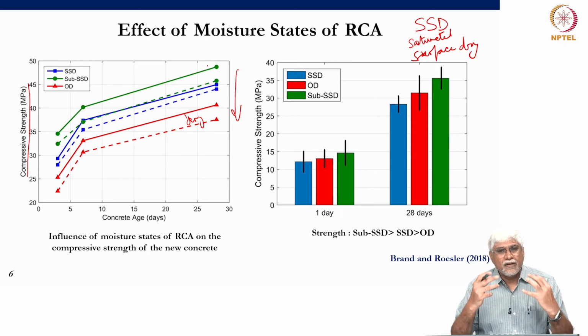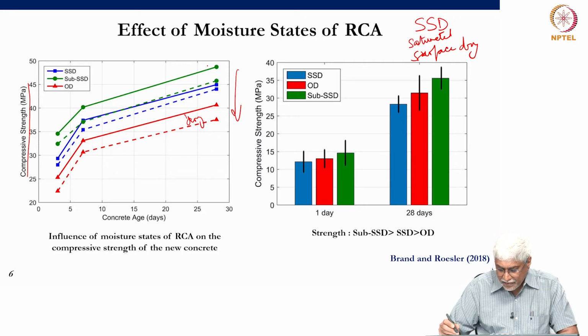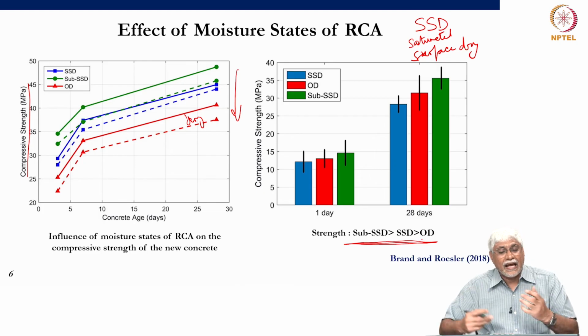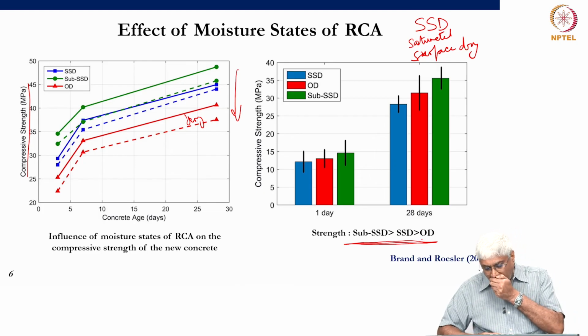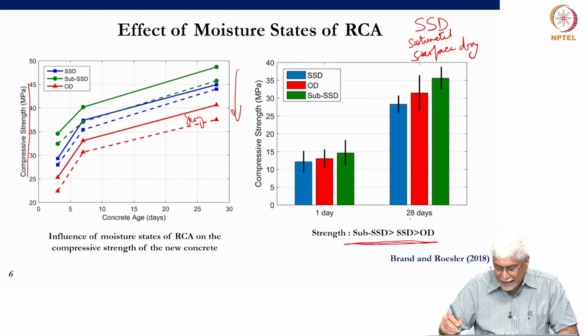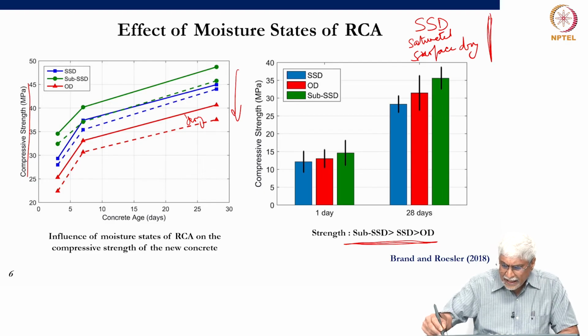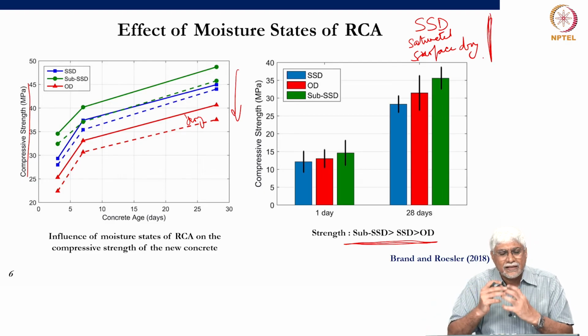There is not enough water for the cement to completely hydrate, so it weakens the interfaces. And this is what we see here also, that the strength, if it is slightly wet, rather than having a lot of extra water. So when we talk about SSD, I said that it should be surface dry, but often there may be some extra water which could weaken the surface.